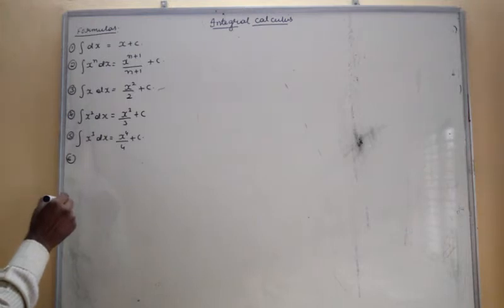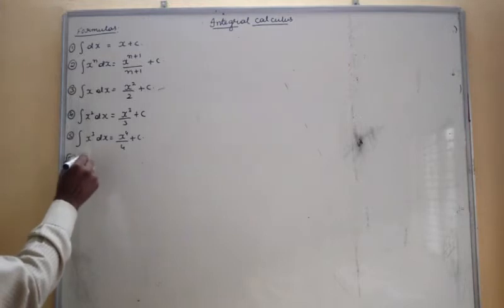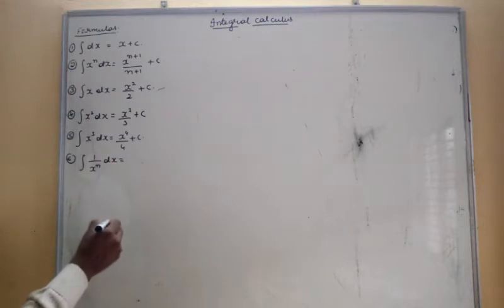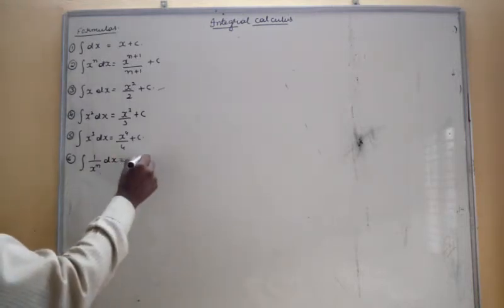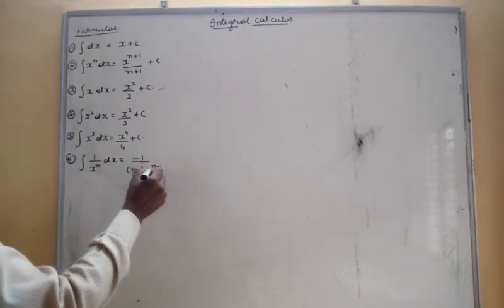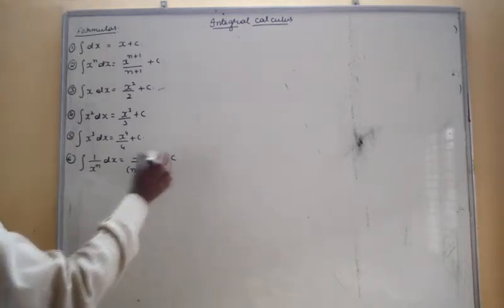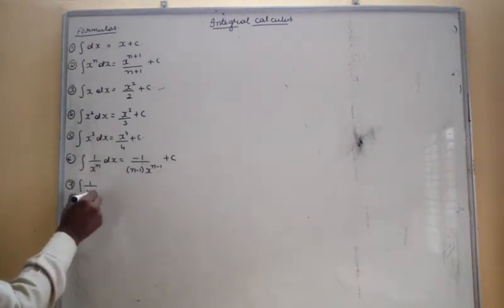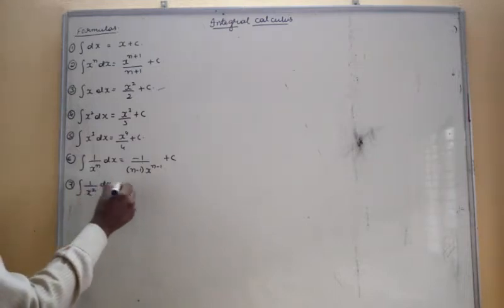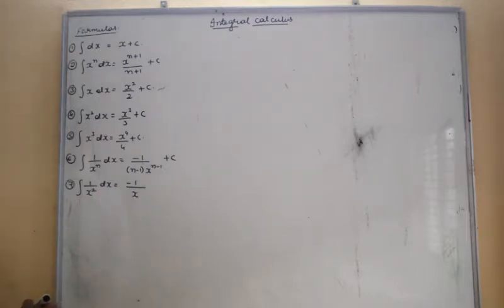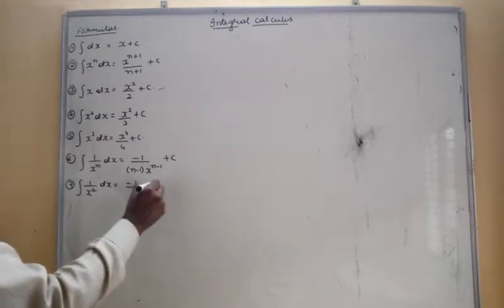Integration of 1 by x to the power of n means minus 1 by n minus 1 into x to the power of n minus 1 plus c. This is the general form. So let us take 1 by x square integration. 1 by x square integration is minus 1 by x plus c.